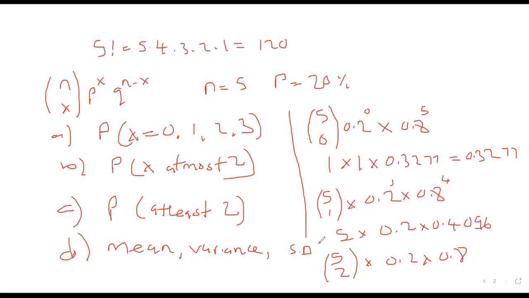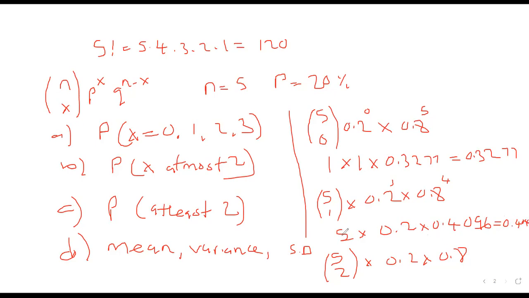Then you multiply all the 3, what do we get? 0.4096. This times that times that. Yes, we're getting the same answer, 0.4096, because this one is 1.